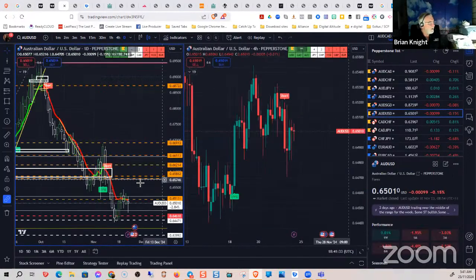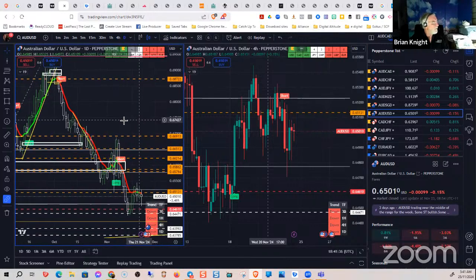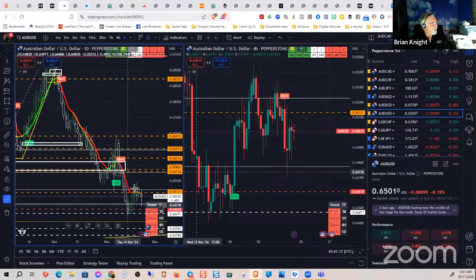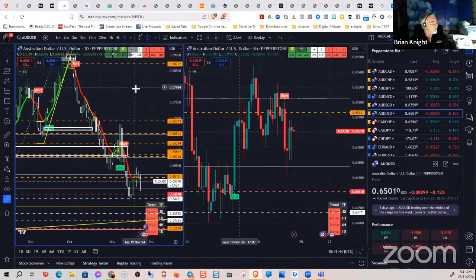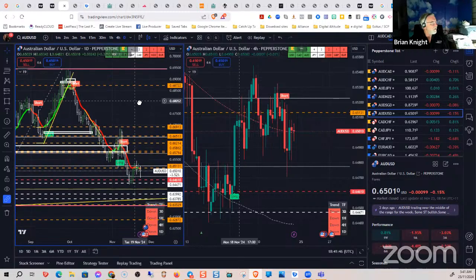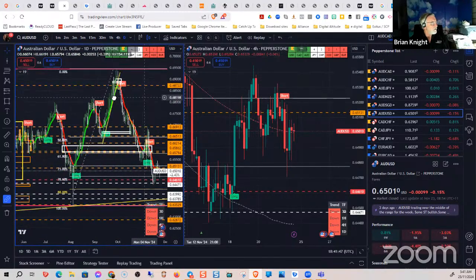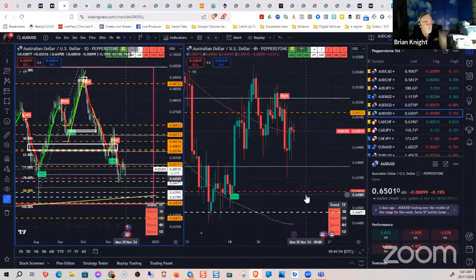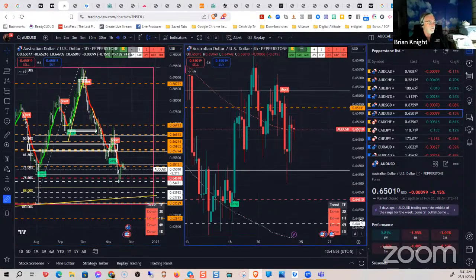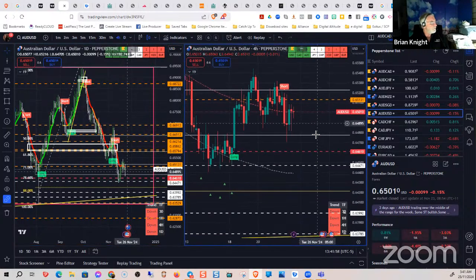AUD/USD. Now this one's interesting where it pulled up once, it's twice. It's still accumulating across. I personally think it's going to sell. The US dollar's come off its real strength, but I think we've still got further to go and maybe potentially break that low down even further.